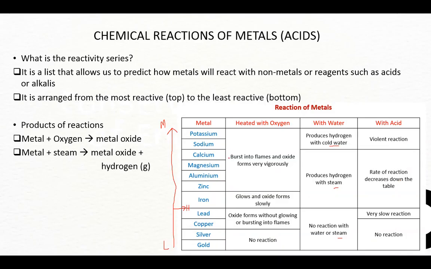So from calcium to magnesium, aluminum, and zinc to iron, the reaction is going to be more mild, or the reaction is going to decrease as it goes down, but you are going to see a reaction. Lead, you'll get a reaction, but a very slow one. And the last three, copper, silver, and gold, you get no reaction at all.